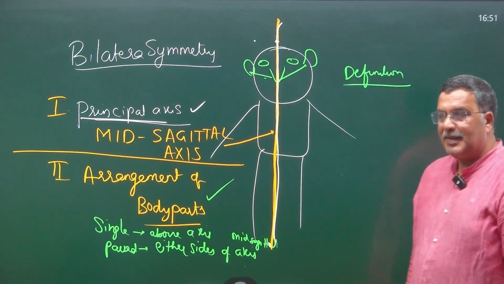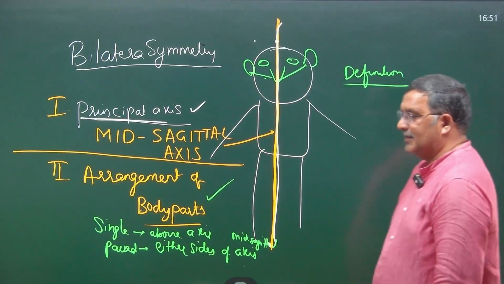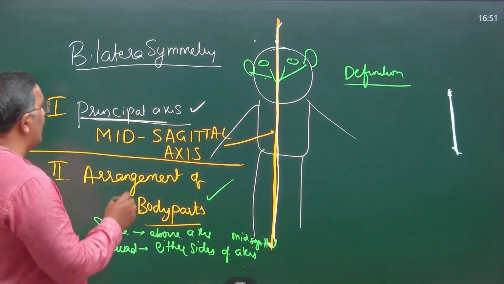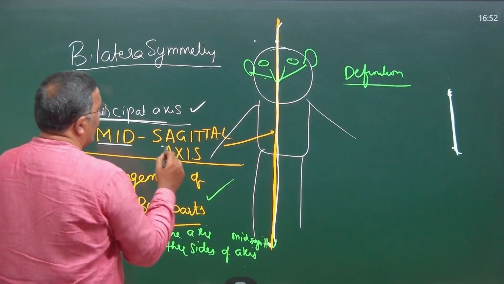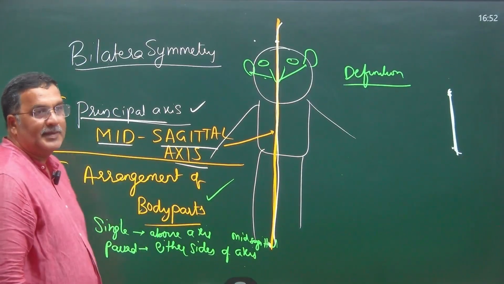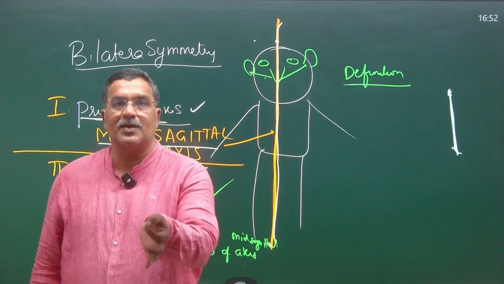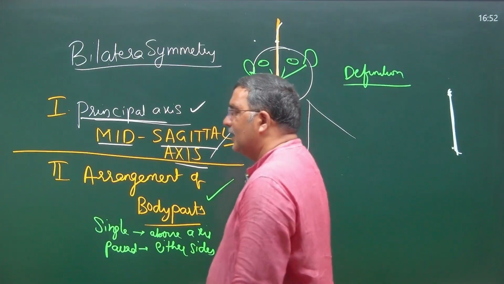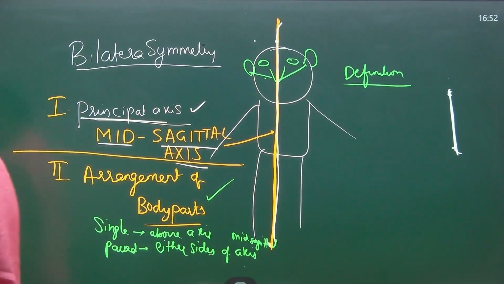We call it the principal axis. In the case of a human being, a bilaterally symmetrical animal, the principal axis can be named the mid sagittal axis.